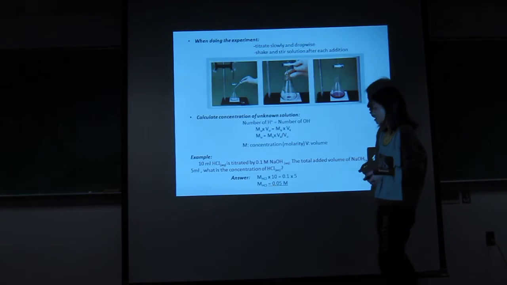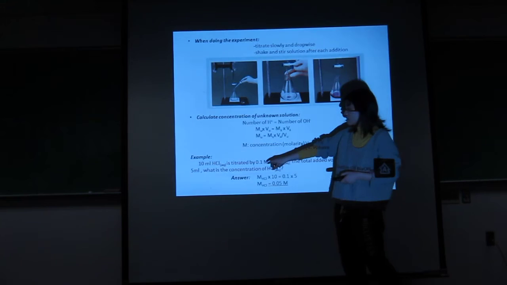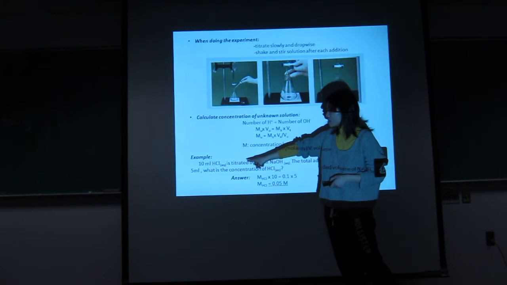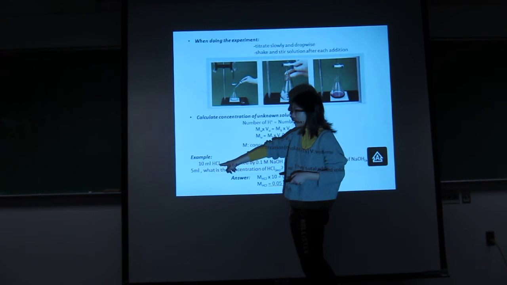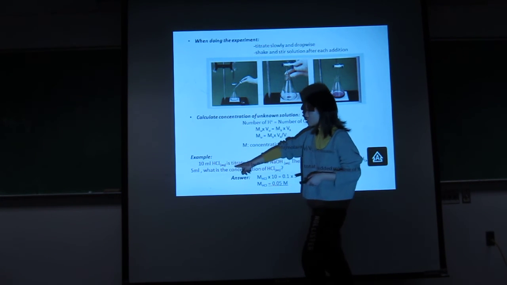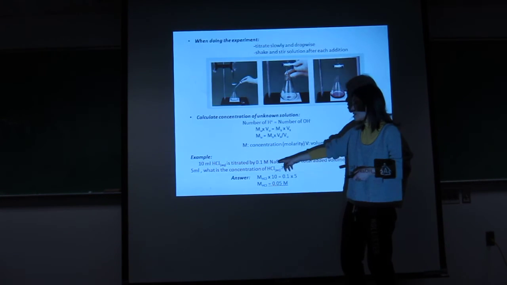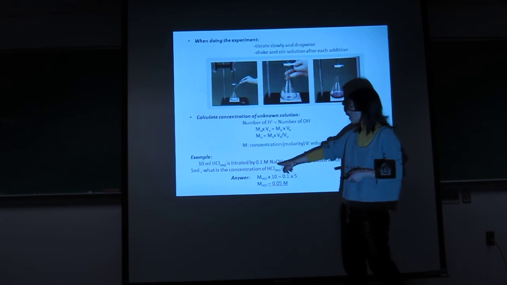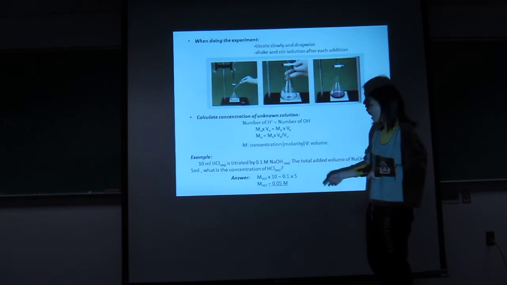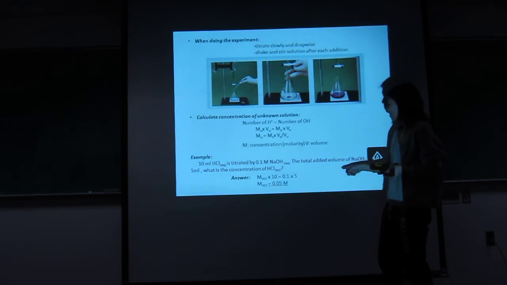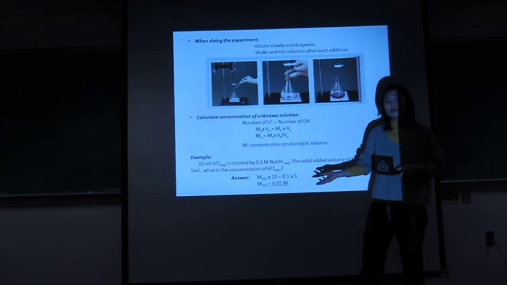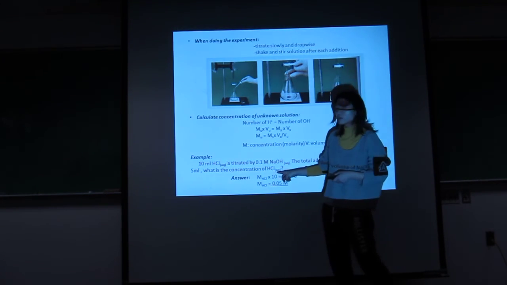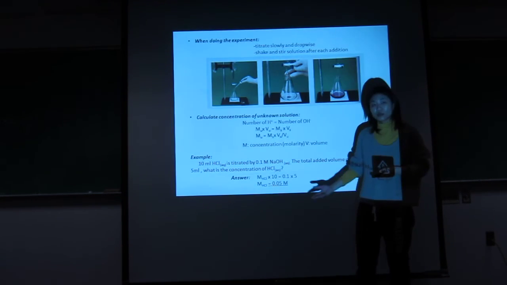Okay, so here is the example. Here the unknown sample is 10 milliliter HCl aqueous solution, and it's titrated by 0.1 molar sodium hydroxide, and the total added volume of sodium hydroxide is 5 milliliter. So what is the concentration for this hydrogen chloride aqueous solution?